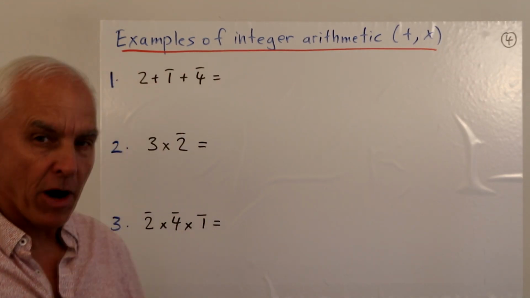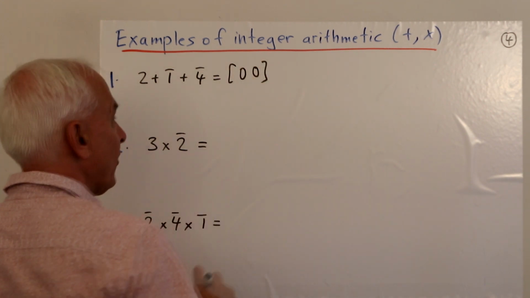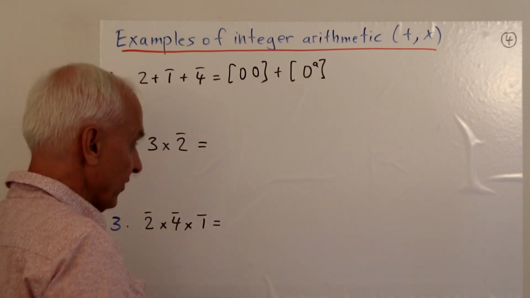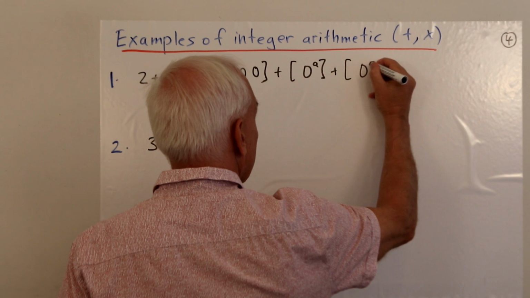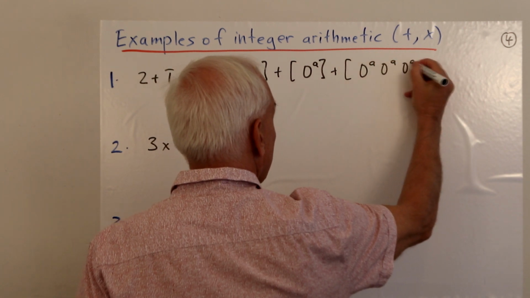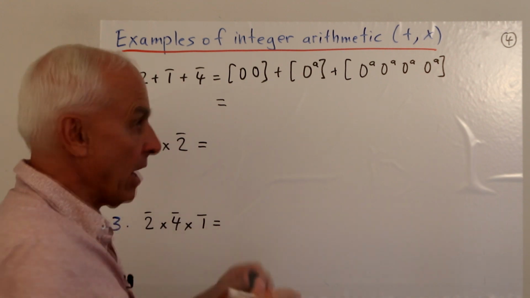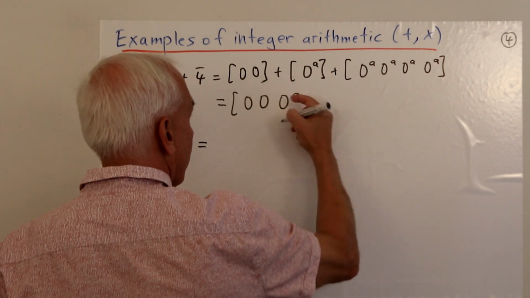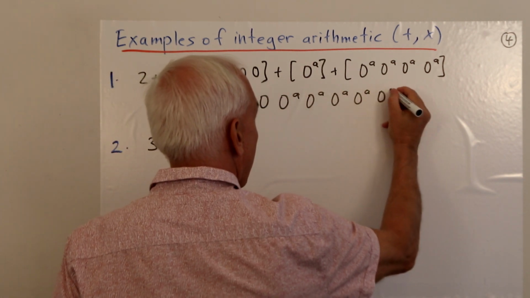2 plus 1 bar plus 4 bar. Well, 2 is the M set consisting of 0, 0. 1 bar is the M set consisting of just a single anti-0. And 4 bar is anti-0, anti-0, anti-0, anti-0. When we add them, we just dump everything out into a single M set. So we get 0, 0, anti-0 here, and then a bunch of anti-zeros further.